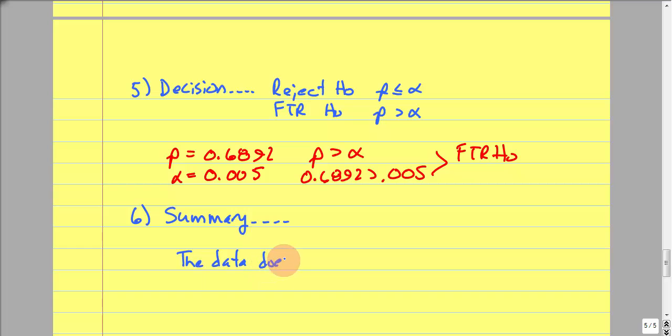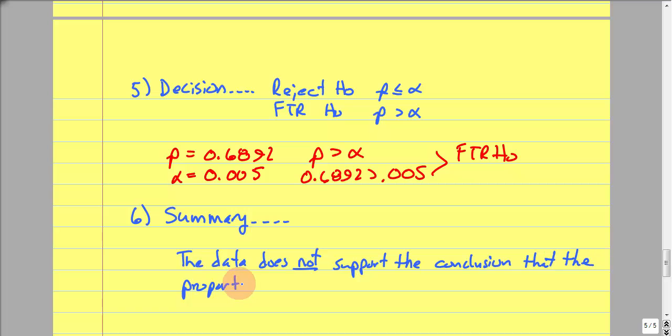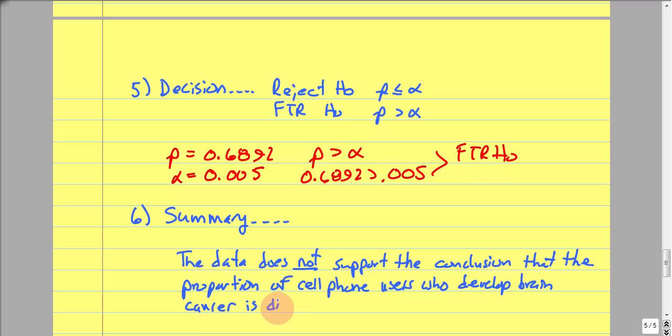The data does not support the conclusion that the proportion of cell phone users who develop brain cancer is different from that of non-cell phone users.